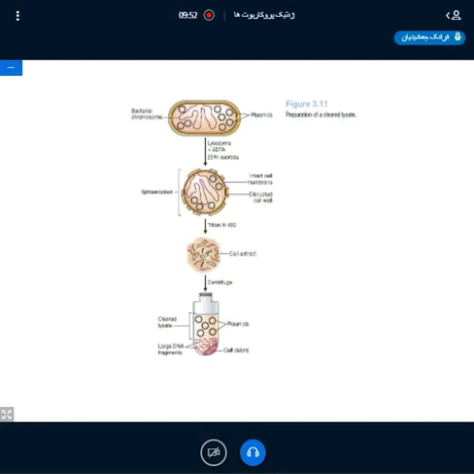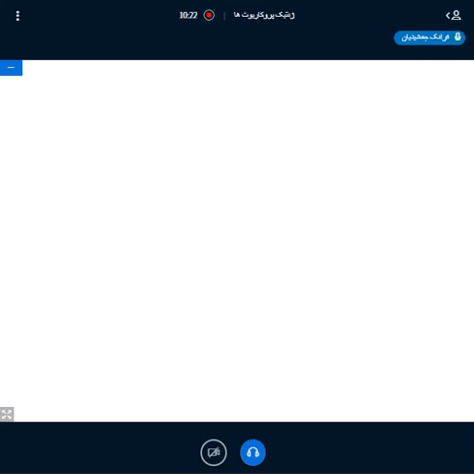The first one is from the conformation. The second one is from its size. Okay, so let's talk about separation on the basis of size.